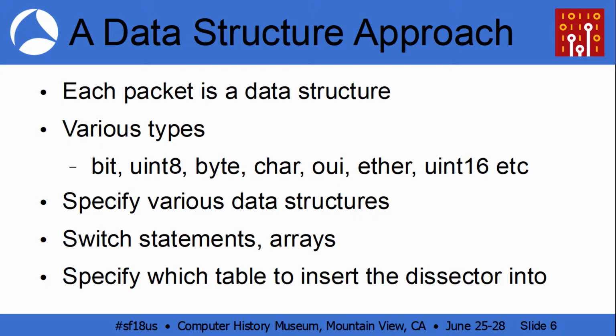And so I took the approach of, hey, each packet is essentially going to be a data structure. And then in that data structure, there'll be various types. There'll be bit fields, uint8 fields, byte fields, character fields, OUIs, because OUIs tend to be used quite a lot in the wireless protocols. There may be Ethernet fields, which is, you know, an Ethernet address consists of an OUI and a number within that OUI, uint16s, etc.